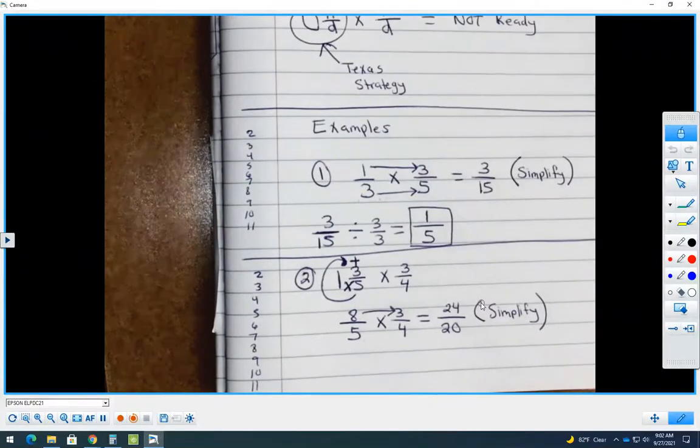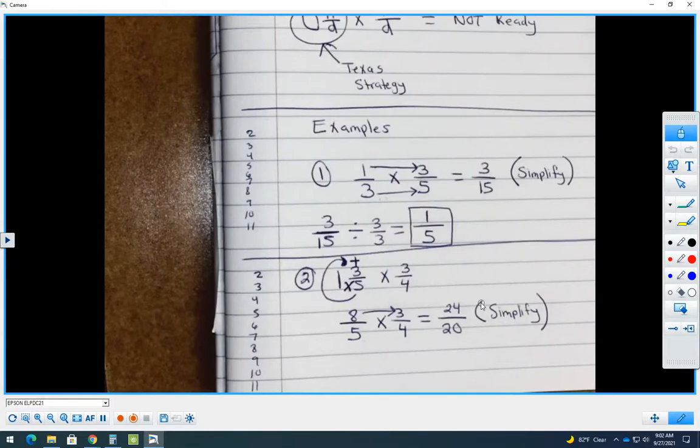I'm going to go back to problem number 1. I should have told you this. I'm going to go down the list and ask myself, can 2 give me 3? No. Can 3 give me 3? Yes. And can 3 give me 15? Yes. That's why we use 3 to simplify on the first problem.